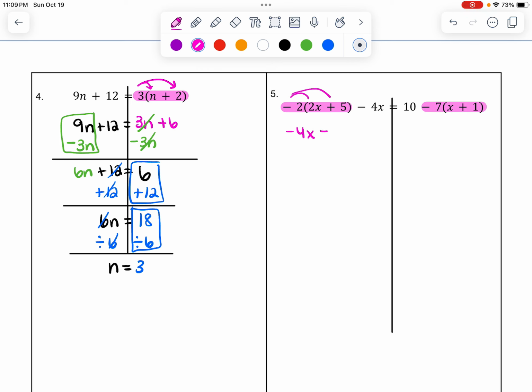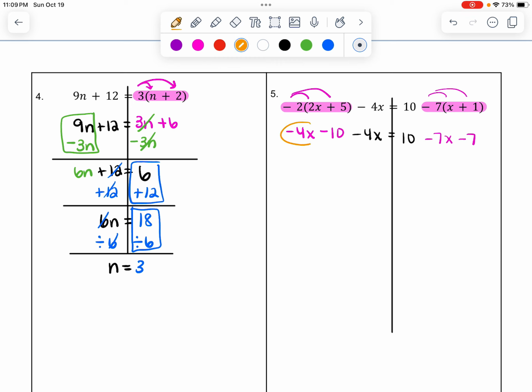I get negative 4x minus 10, and then I'm going to copy down the negative 4x. And on the other side, I'm going to distribute, and I get negative 7x minus 7, and I'm going to copy down the 10. Then I'm going to ask myself, do I see any like terms that I can combine?